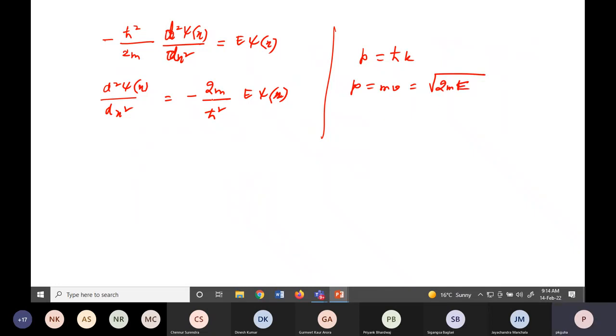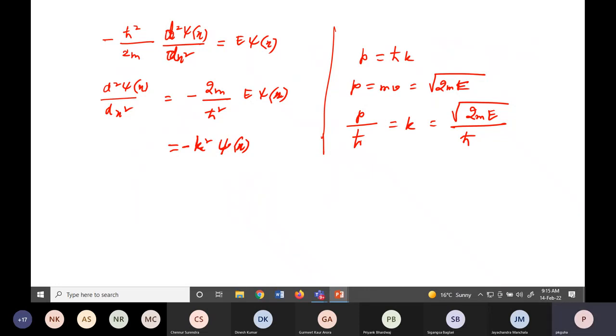So you see here p over ħ is nothing but k. If you look carefully, it is not difficult to figure out. So this is nothing but you can write in the form of k², right. Of course there is a negative sign.